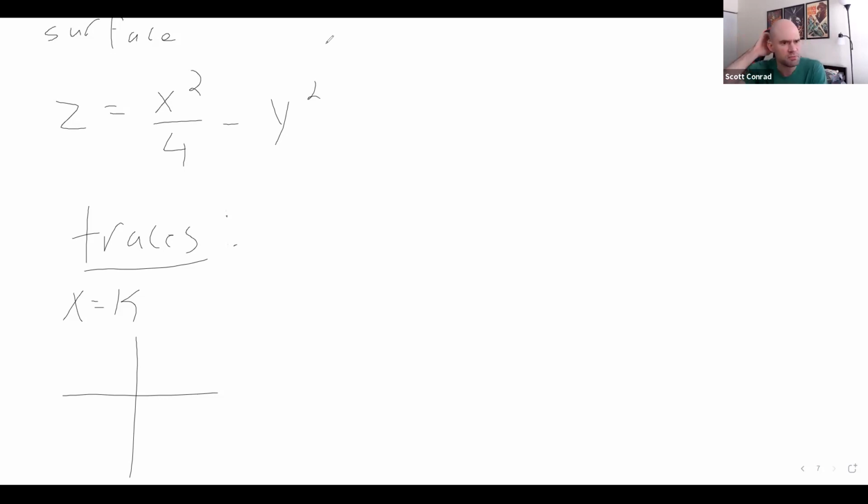Or let's do a specific example. Let's do x equals 2. So this is the intersection of the plane x equals 2 with this surface.